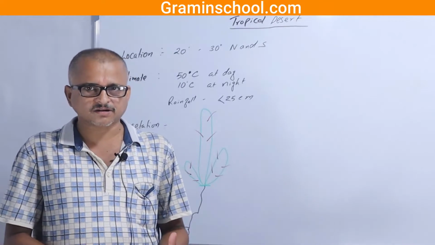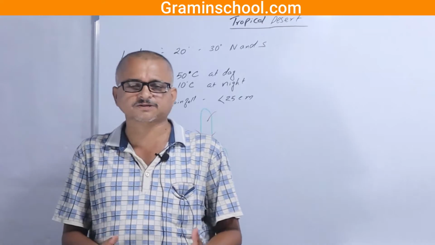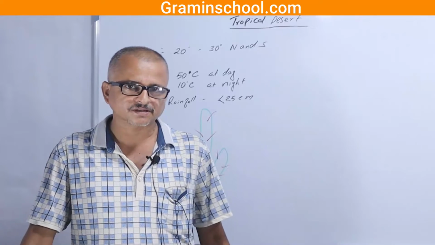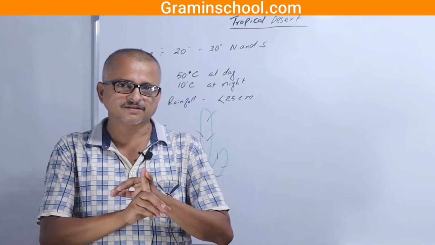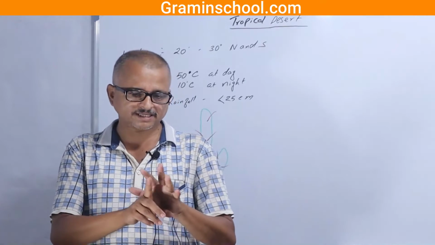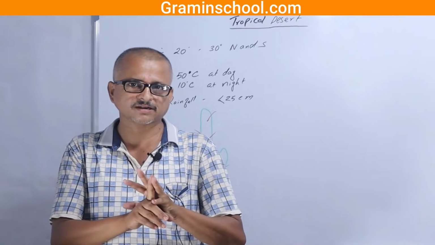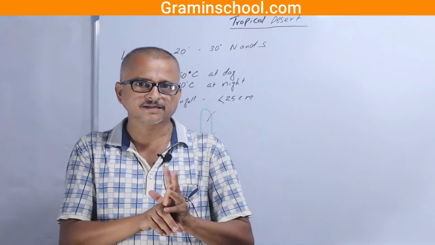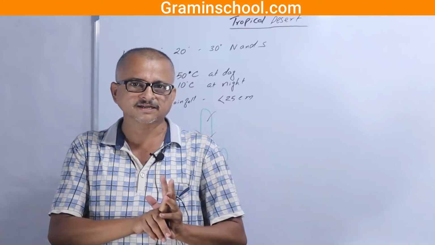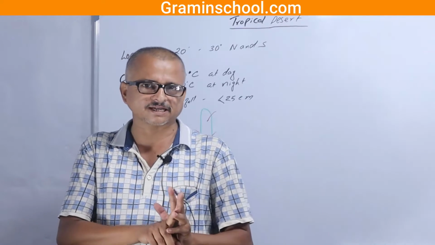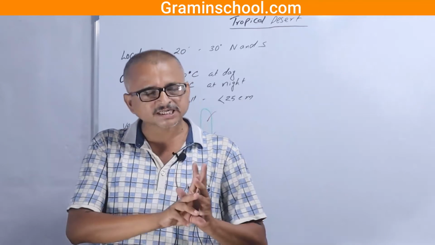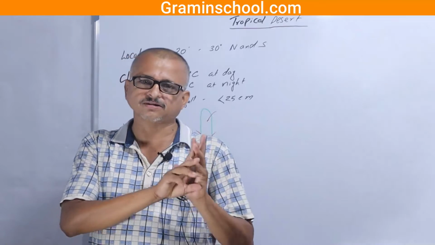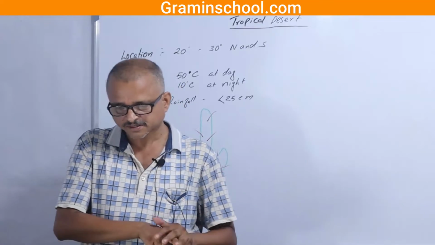That hot and dry air which rose from the equatorial region goes and settles over there. First of all, it doesn't have the effect of a rain-bearing wind, and second, the hot and dry air settles down at 20 to 30 degrees north and south of the equator. This is another phenomenon. So deserts are found not in the eastern but in the middle or western part of the continent.